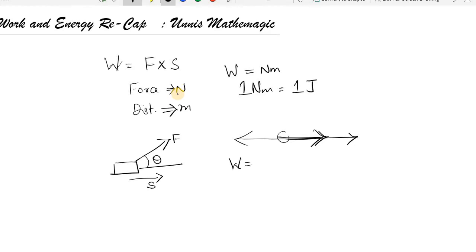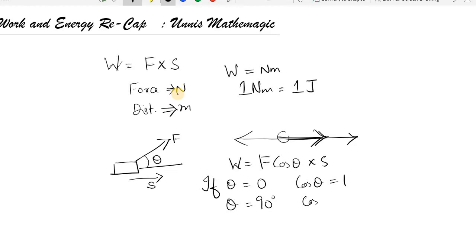Here the work done is equal to F cos theta into s, because the component of the force which is in the direction of displacement would be F cos theta. If theta equals 0, then cos theta is equal to 1. If theta equals 90, cos 90 would be 0.